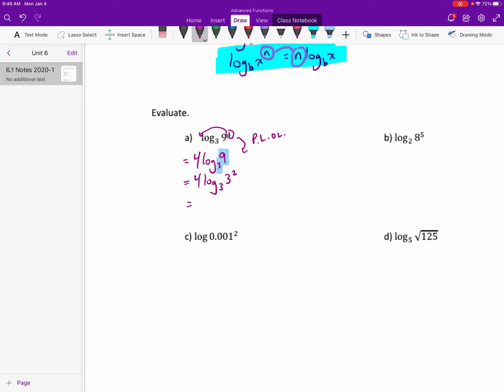Again, we can use our power law of logarithms right here, and we can shift this 2 out in front now because it's a power. Well, that's 4 times 2, which is 8 log 3 with a base of 3. And if you remember, log 3 with a base of 3 is just equal to 1. So the answer here is just 8.